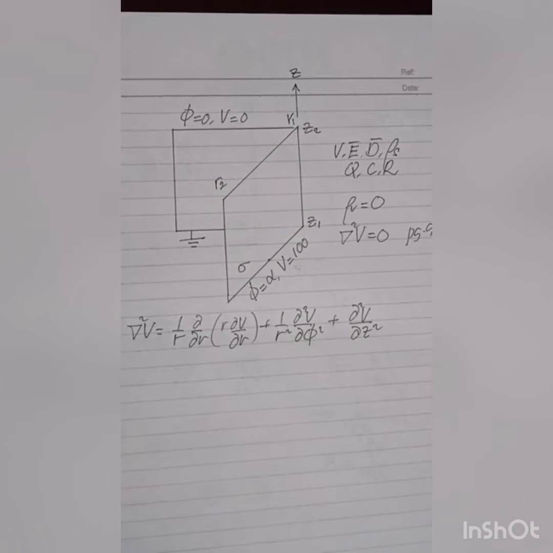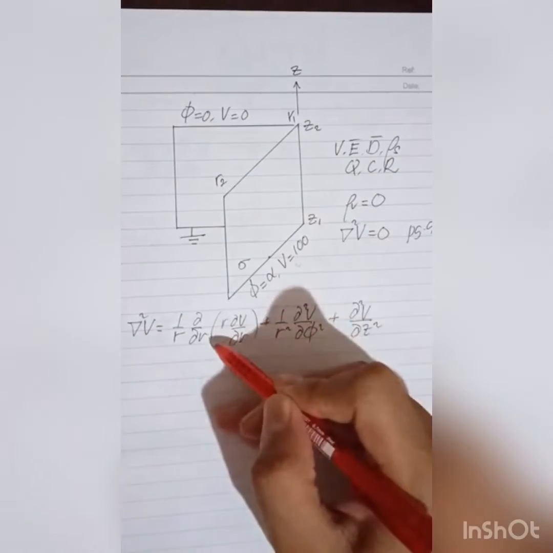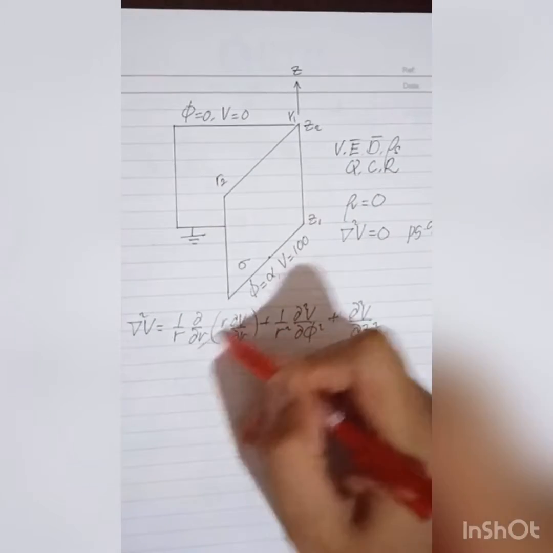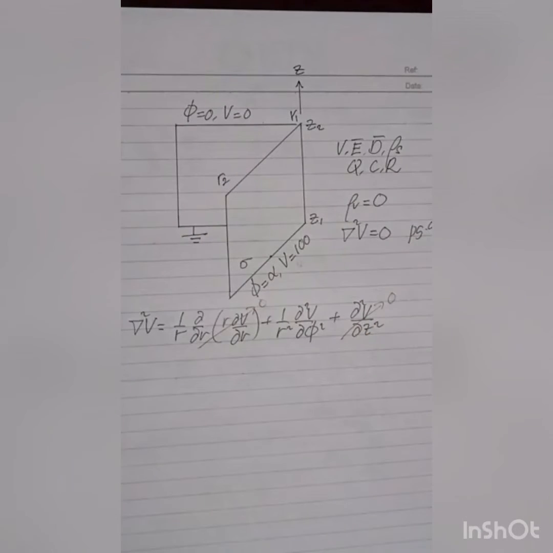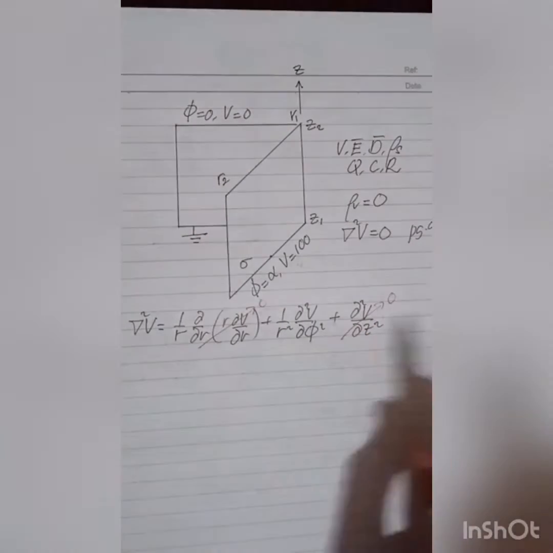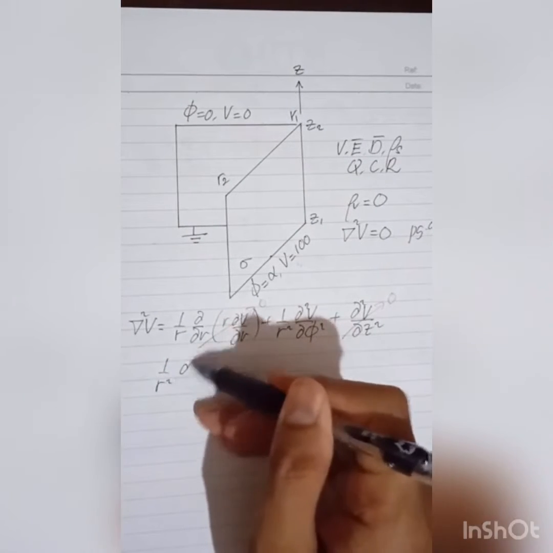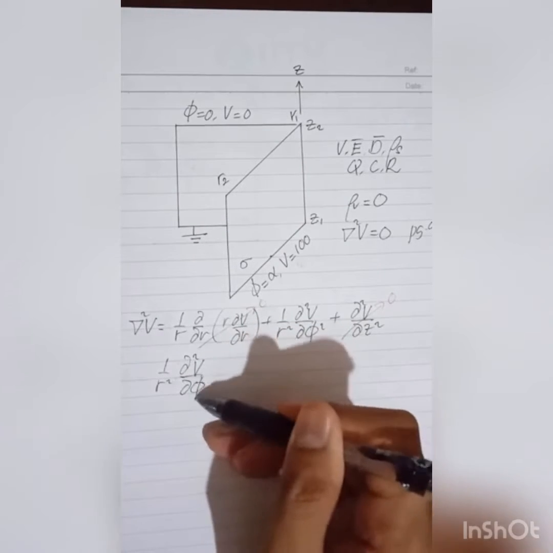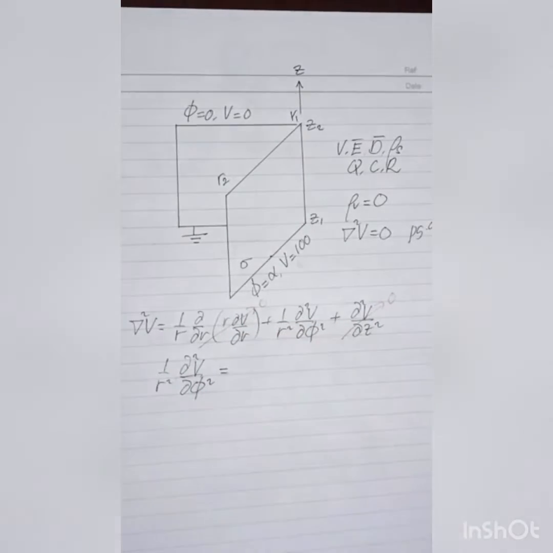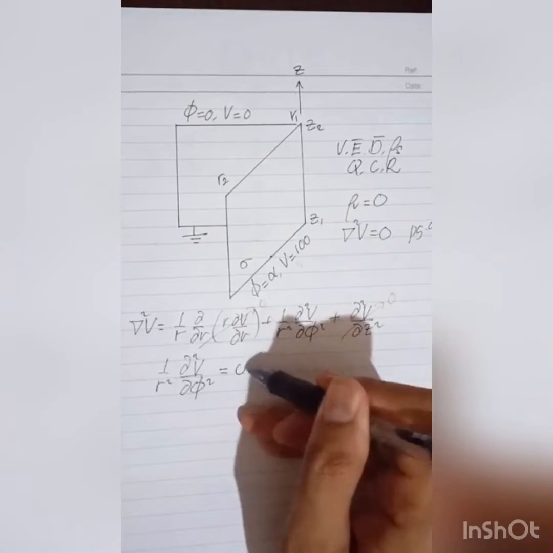Again, in this case we only concern the phi component, so these two terms we can ignore straight away because they remain constant. So we have the equation 1 over R squared d squared V over d phi squared equal to 0 from the Laplace equation.